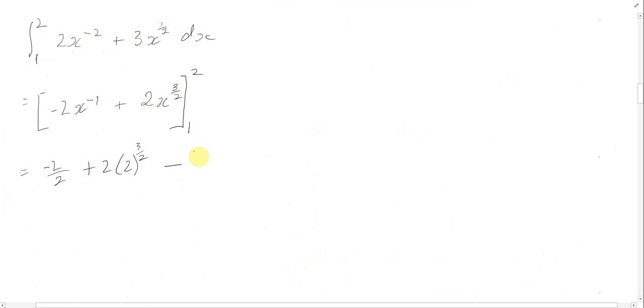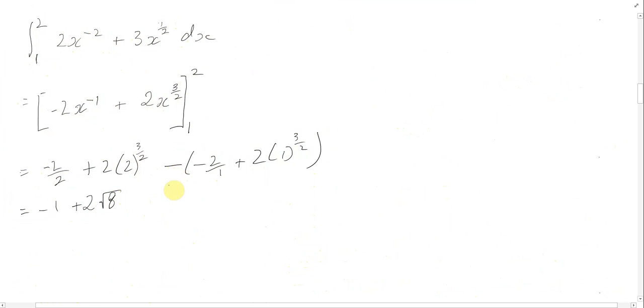Now take away everything with a 1, so 2 minus 2 over 1, and then plus 2, 1, so 3 on 2. So minus 2 on 2 gives minus 1, plus 2 times, 2 to the power 3 is 8, but then that will be a square root of 8. So 2 root 8 goes there.